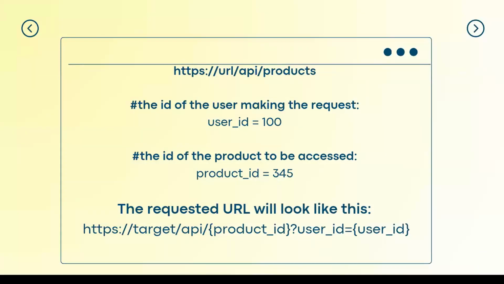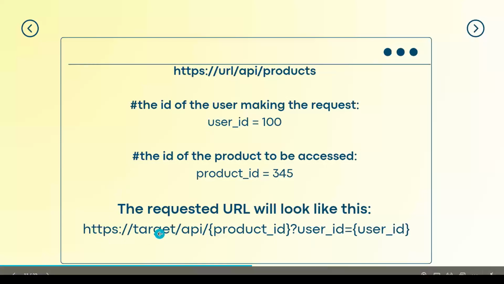So for user A, your unique ID is 100, and there's a product on the platform whose product ID is 345. To request or view that product, this is what the URL is going to look like: you have the target URL, the API, the product ID, and then your user ID.